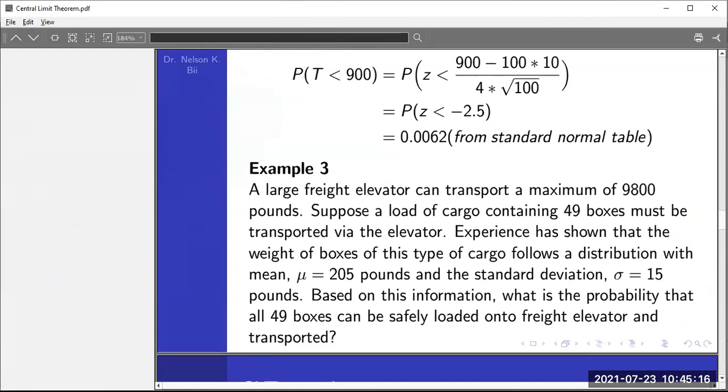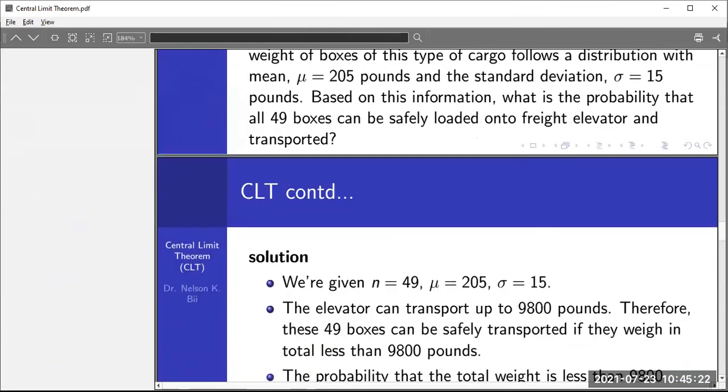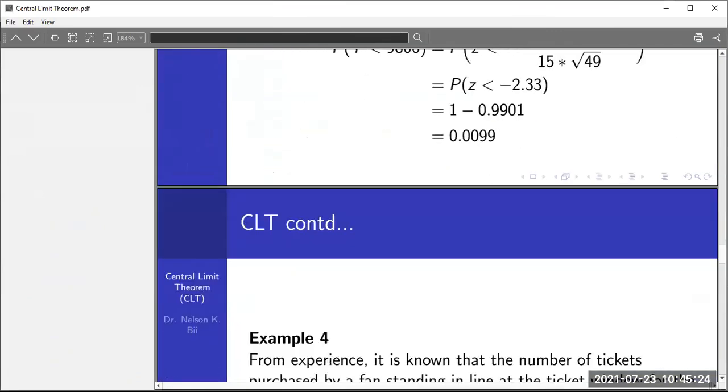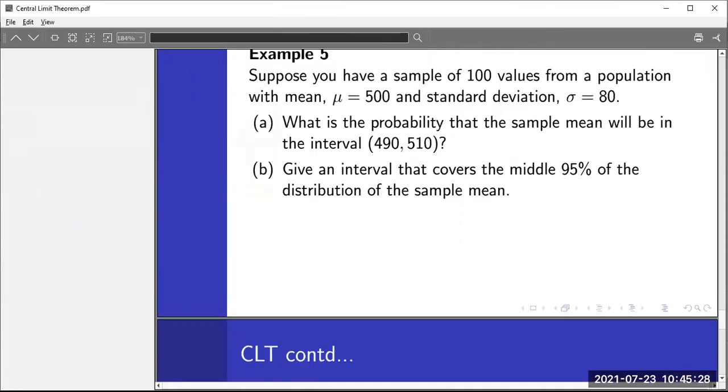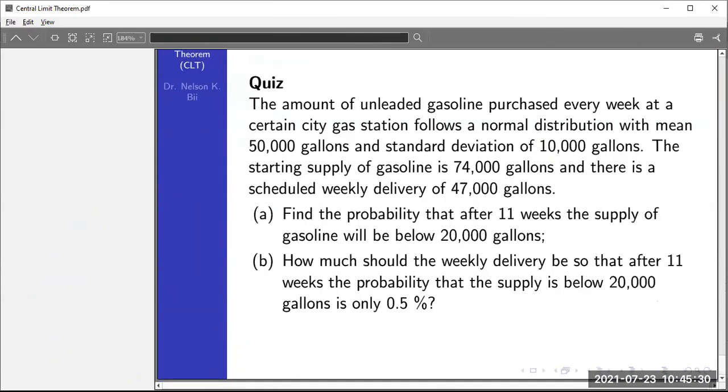So you can look at these other examples. The most important thing here is for you to know what the central limit theorem states. So follow these examples, then you can do this question here at your own time.